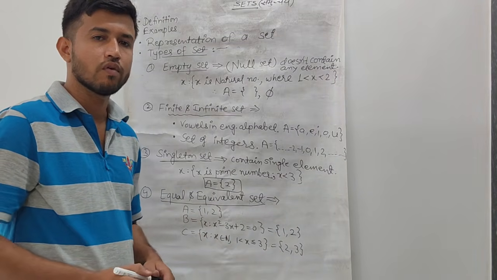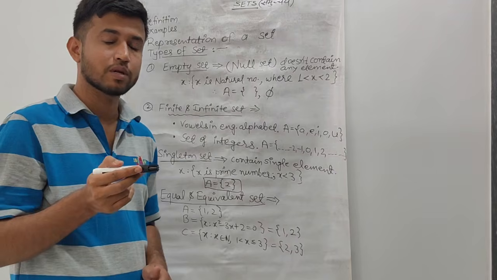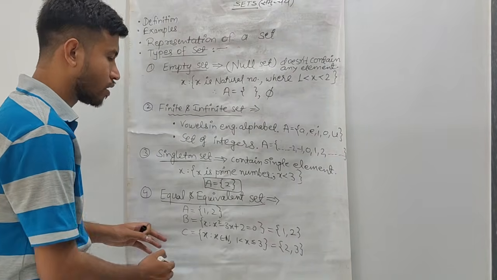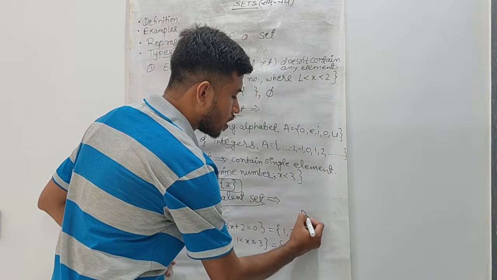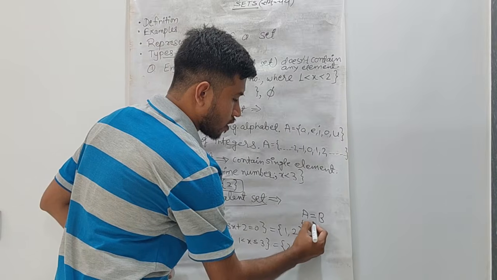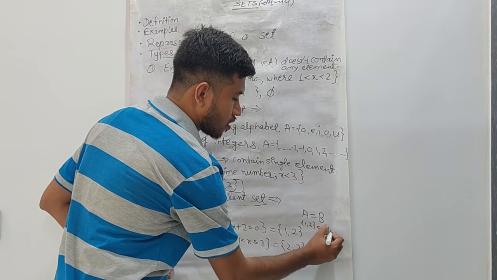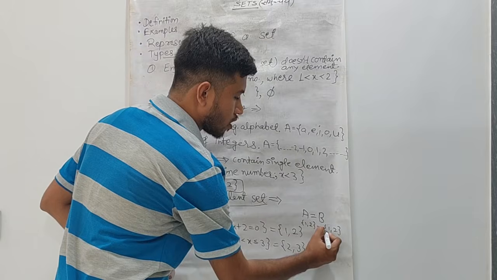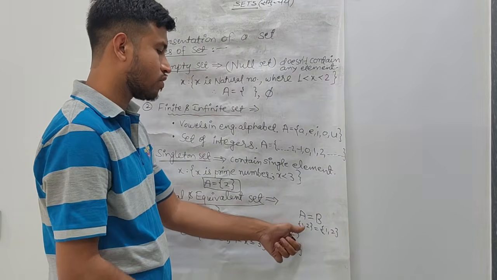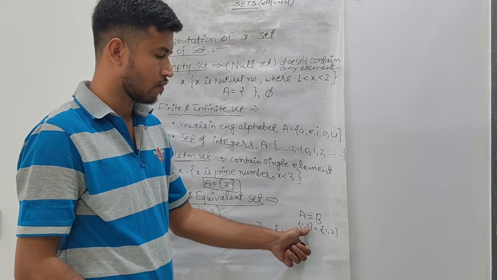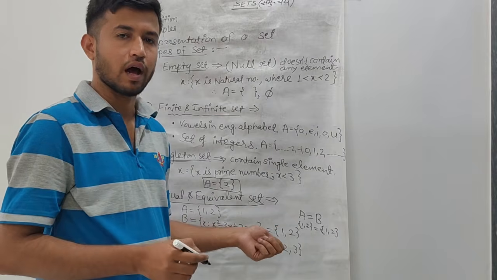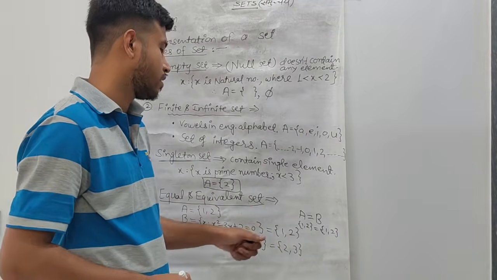Now we will understand what is meant by equal set and equivalent set. Here A equals B. It means the number of elements and the elements are exactly equal.